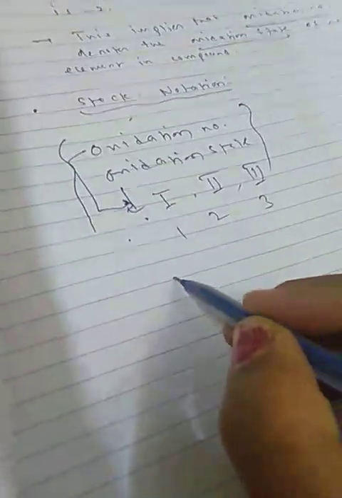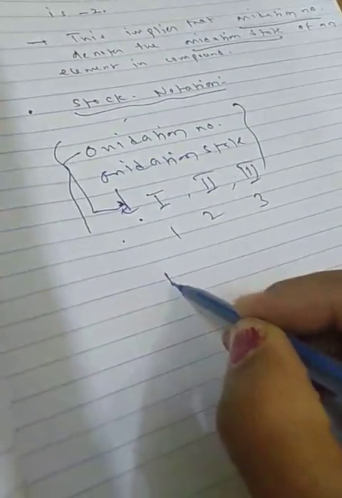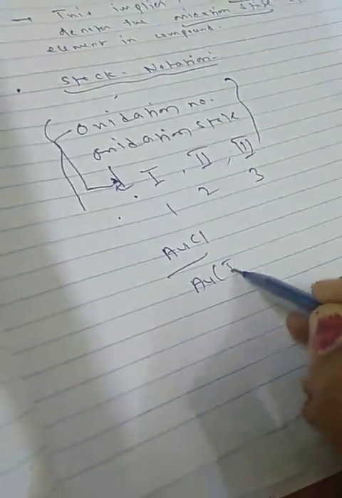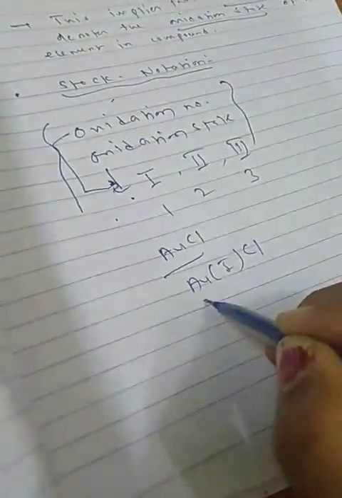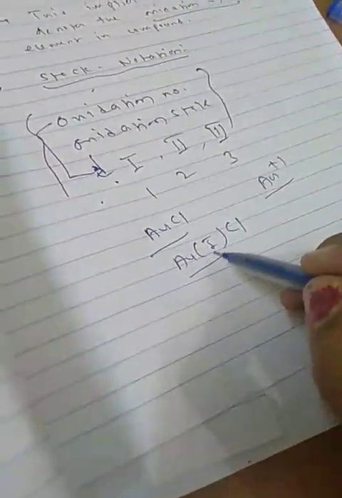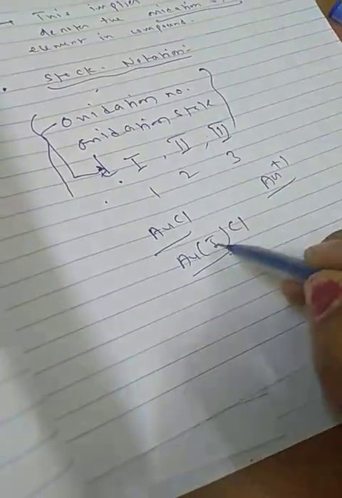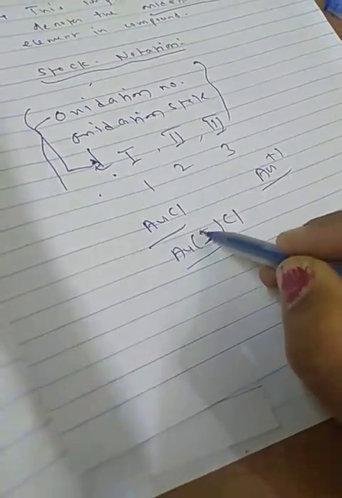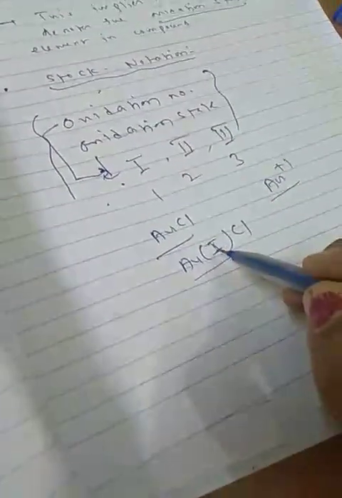Thus, I am telling you one example, AuCl. If I am writing Au(I)Cl, the oxidation number is 1 for Au, gold, plus 1 like silver. But in Stock notation, you have to write (I), meaning the oxidation number is 1.